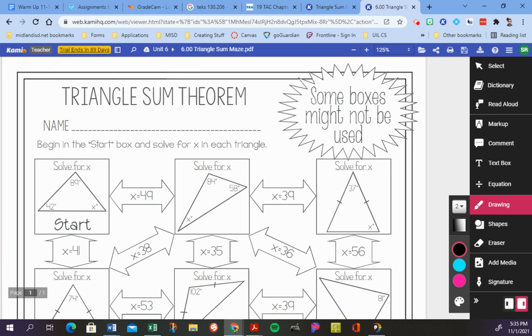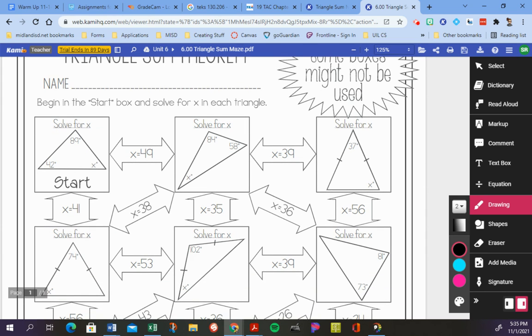But if we look at the problems a little closer, like this one right here, what do these markings right here mean? Isosceles, so that this angle and this angle are the same. So how many x's do you have? You have 2 x's. So keep that in mind when you're working the maze out. Keep that in mind. Okay?